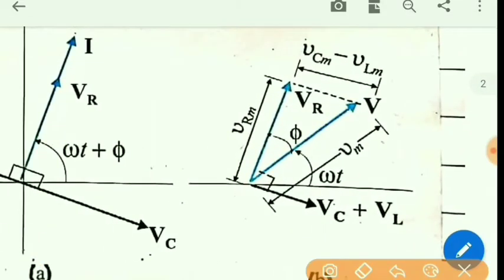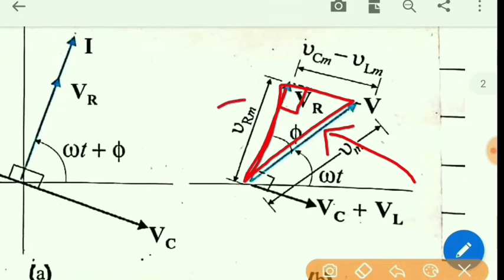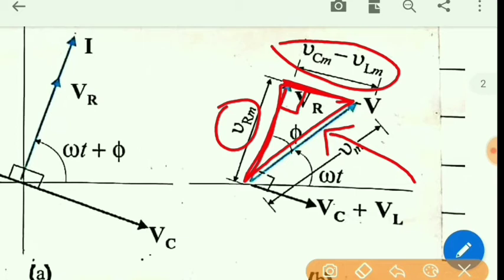Here this makes a right angle, and if you consider these two like this, then also this is a right angle triangle, in which this is the hypotenuse, this is VRM, and this side is the difference VCM minus VLM.